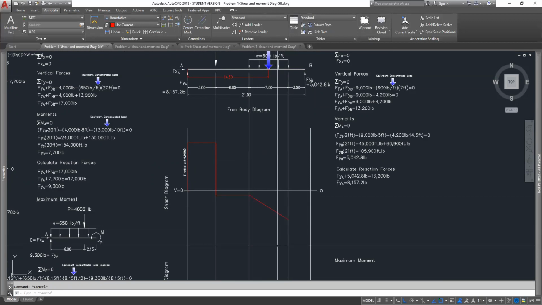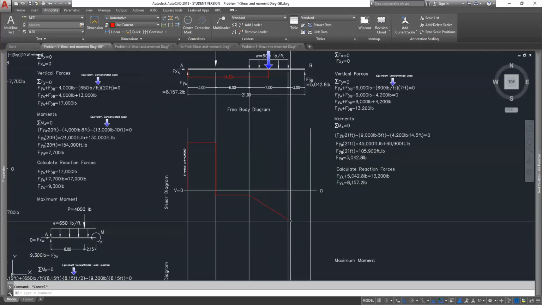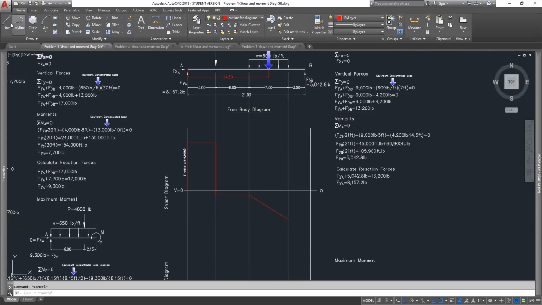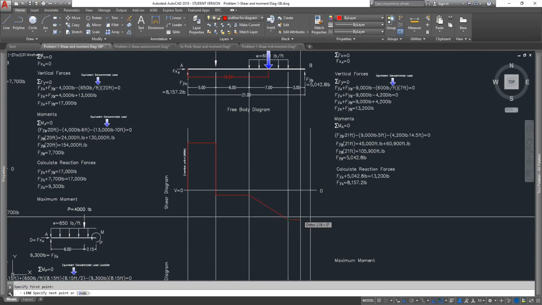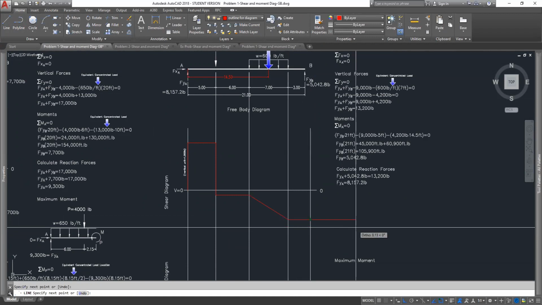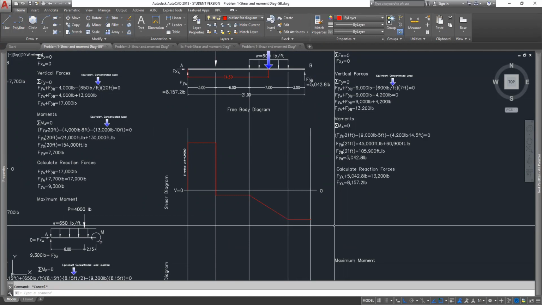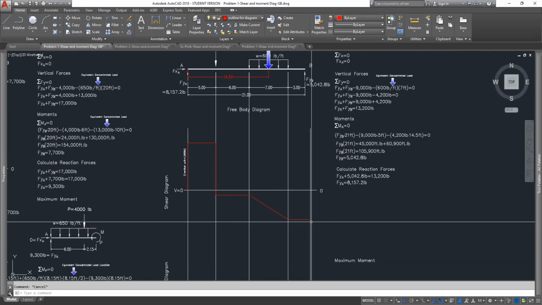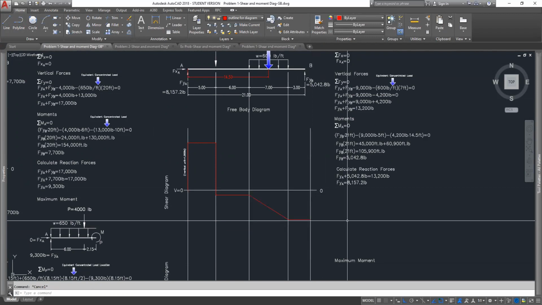Okay. What happens on the beam from this point up to the reaction? It goes straight. Nothing, right? So it goes straight across. Now, if my math worked, how far up do I need to go with this?